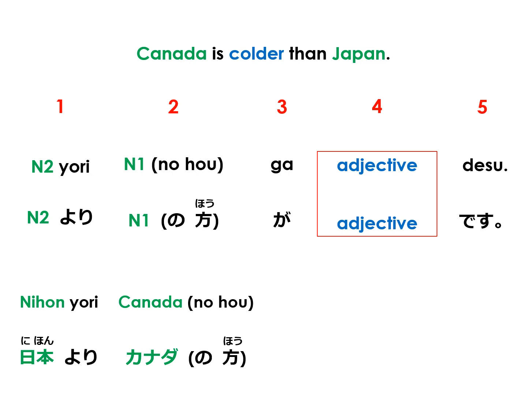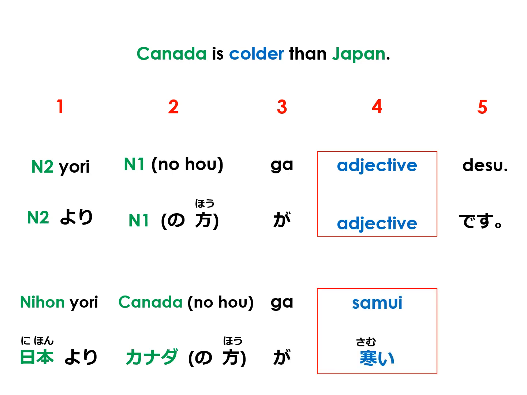Then follow it with the subject particle ga. Then the adjective, which is samui. Then close with the verb desu. Nihon yori Kanada no ho ga samui desu. Feel free to repeat after me each time I speak in Japanese, so you can get some practice.